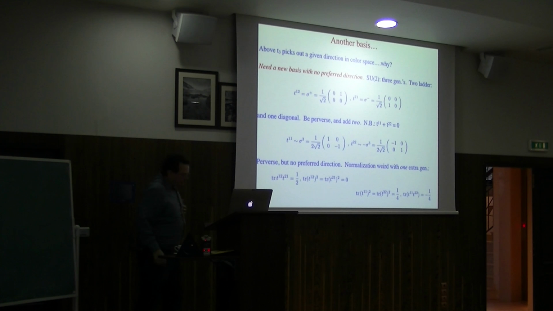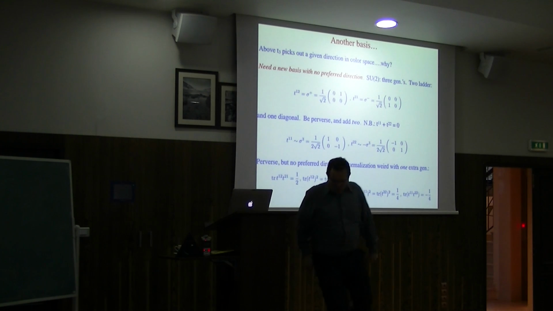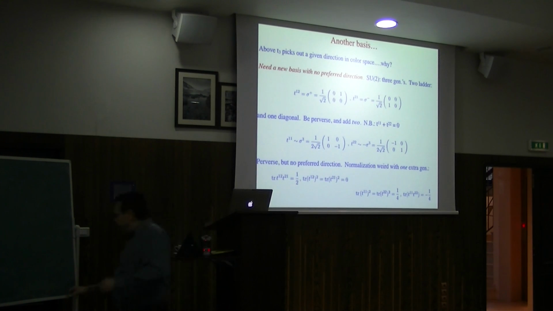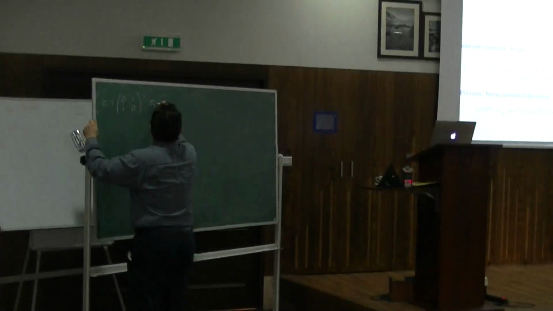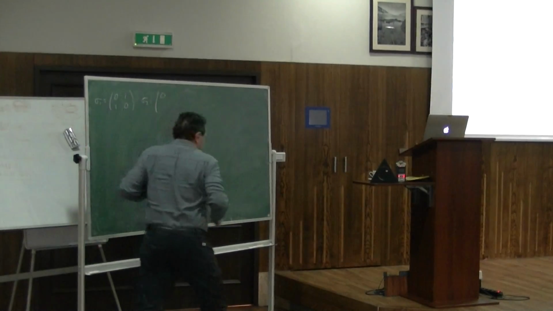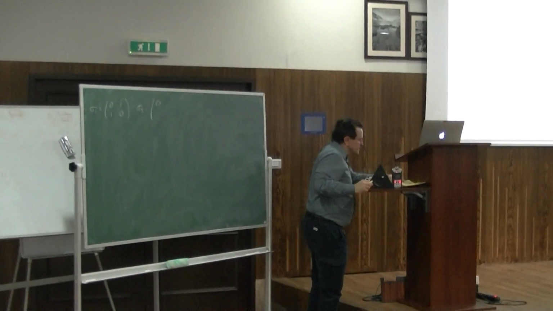But let me first of all start out with the usual generators for SU2. So for SU2, you know you have sigma 1 equals 0, 1, 1, 0. Sigma 2 is, I think I wrote it down, I took the sign already.